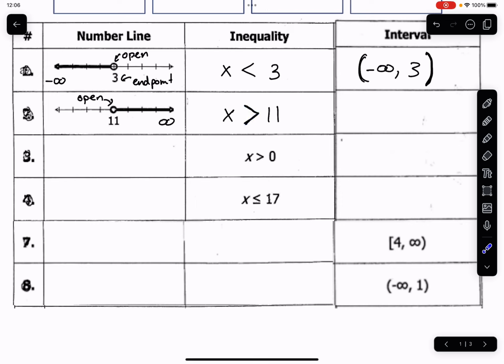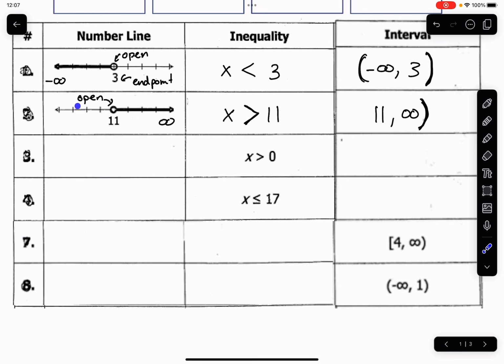Now, as an interval, let's look at our diagram. The diagram gives a great example of how to write the numbers for the interval. Since 11 is to the left of infinity, that's the order we write them in. So 11, comma, positive infinity. Now with the infinity, automatically that's always going to be a parentheses. But for the 11, we'll have to use either a bracket or a parentheses depending on the type of circle.